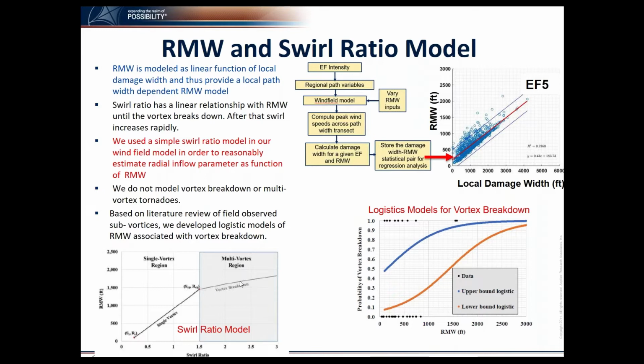Using that information, we developed a simple swirl ratio model, and once we get the swirl ratio, we obtain the inflow parameters for our model. The vortex breakdown is decided using a logistic model, which is also developed from the literature review of events where the tornado is shown as a single vortex or multi-vortex based on the researchers' interpretation.